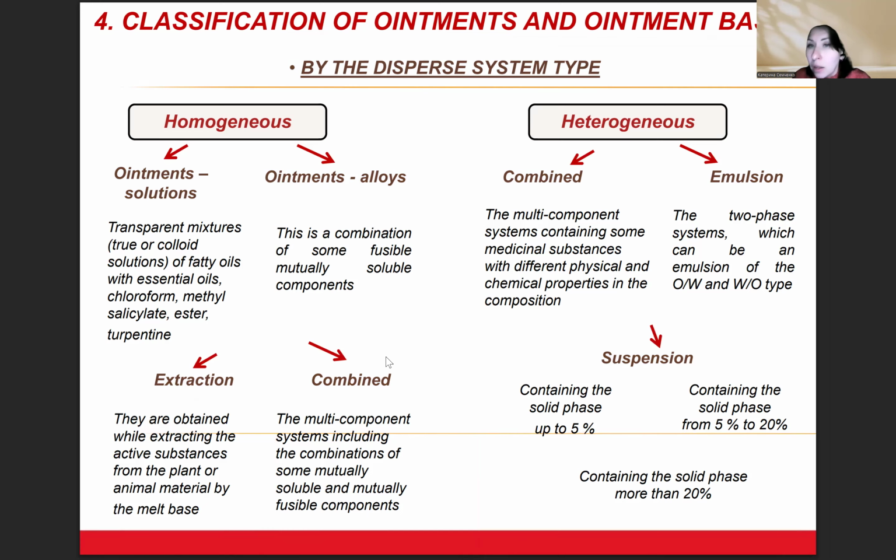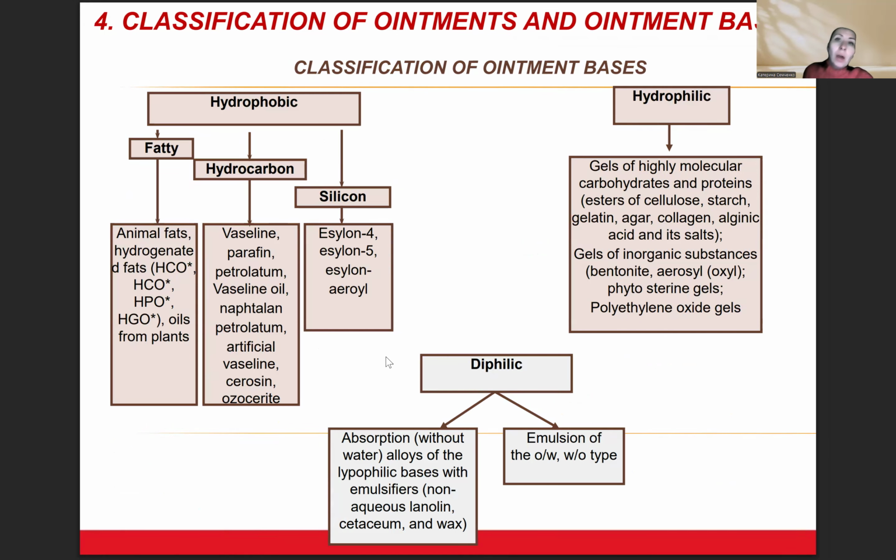So basically, suspension is kind of the main one. If you have the solid phase more than 20%, it is called paste. Remember pastes, they're quite tough. Or maybe you also have seen toothpastes that are not pastes generally. They're called tooth gels. They are softer. So these are different kinds of dispersed system and different kinds of dosage forms.